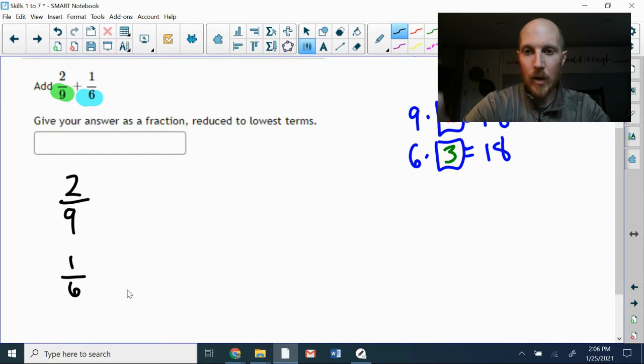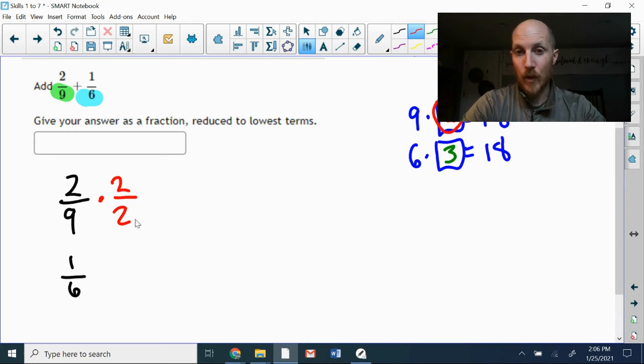So 2/9, that top fraction, I need to multiply times 2. I'm going to multiply both the numerator and the denominator by the same thing. All right, I'm going to multiply by 2 over 2. This will make my fraction look different, but since this red part I just made here, 2 divided by 2, basically equals 1, it doesn't look like a 1, but 2 divided by 2 does equal 1.